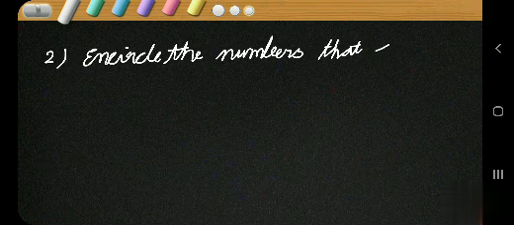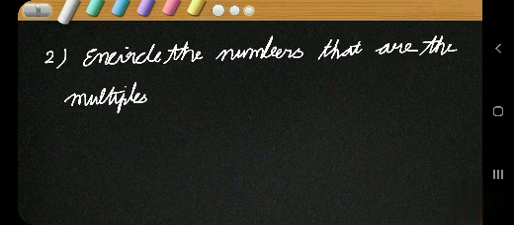Encircle the numbers that are the multiples of 7. So what is the meaning of this question?